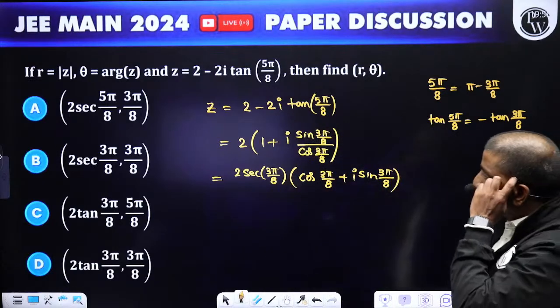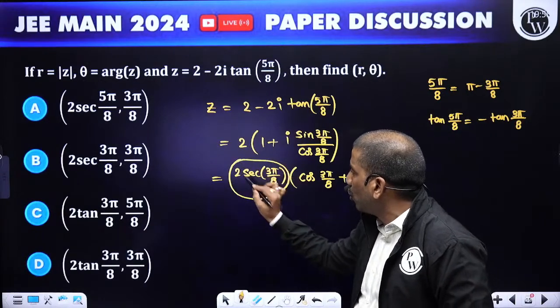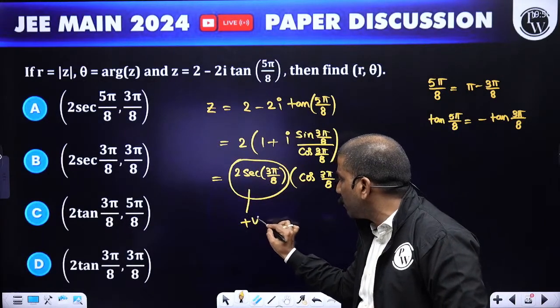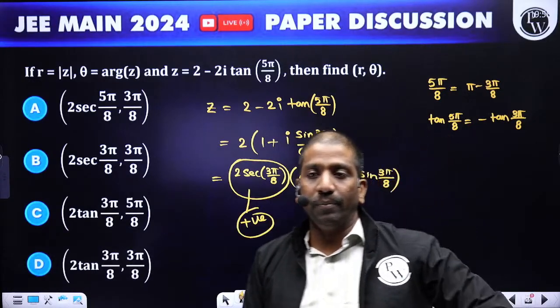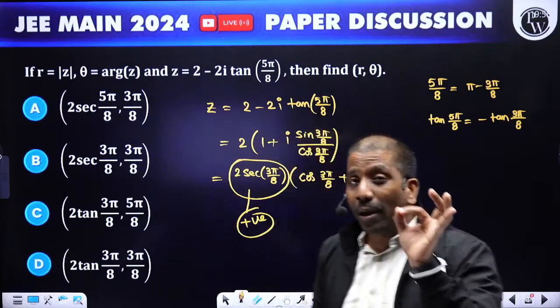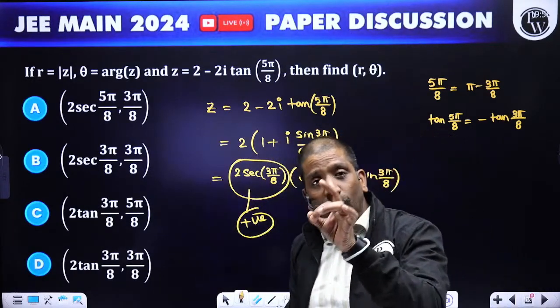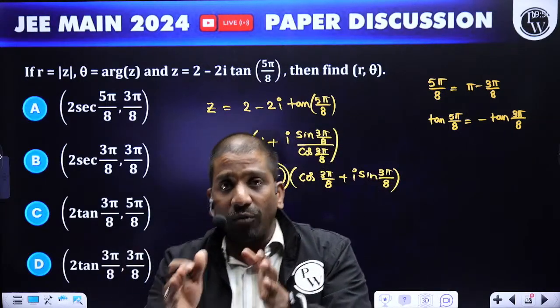Make sure that when it is representing a magnitude, it should be positive. That is the key observation. That should be observed. Otherwise, it may go wrong. Pi by 4 is 45 degrees. Pi by 8 is 22.5 degrees, half of 45 degrees.